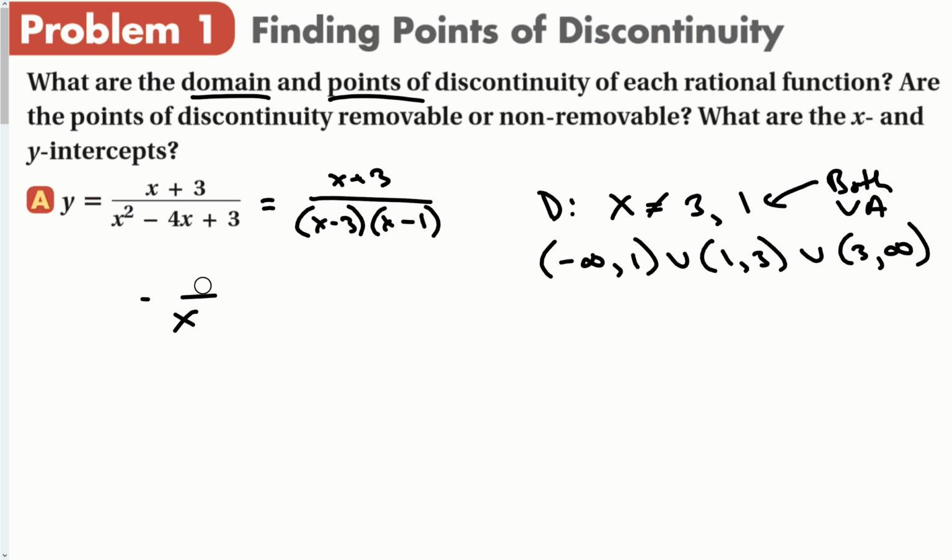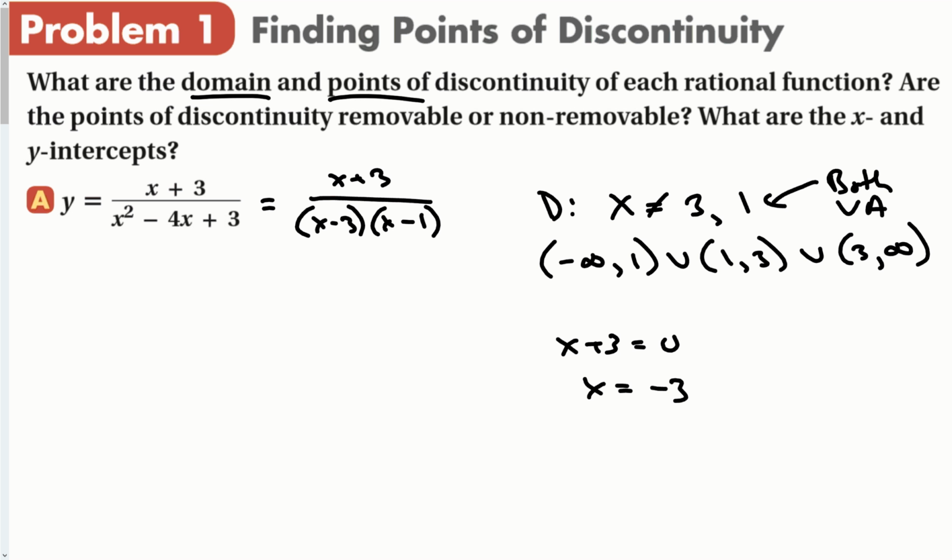So if I want to find the x-intercept, all I have to do is set the numerator equal to 0. So x plus 3, set that equal to 0, and we get that x is equal to negative 3. Okay, so the x-intercept is -3.